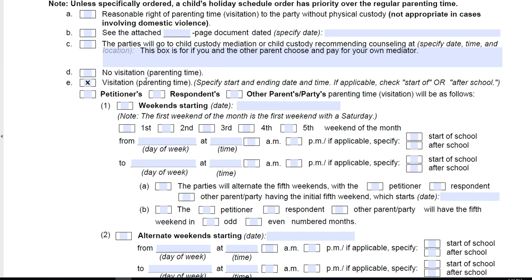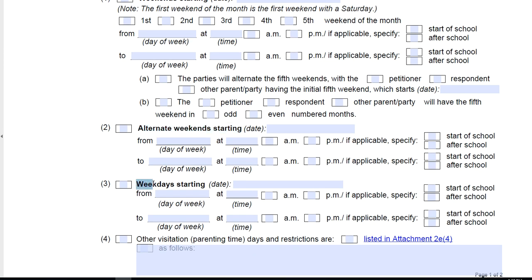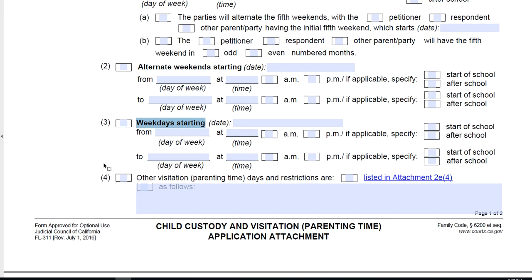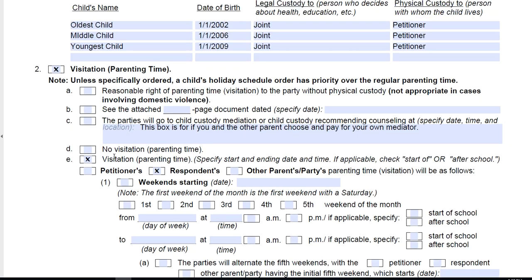So we'll mark the box for respondent because this schedule is going to be when the respondent has visitation with the children. So your choices are every weekend or alternating weekends or weekdays or other, and you can write in your own schedule there.